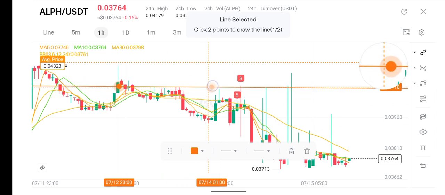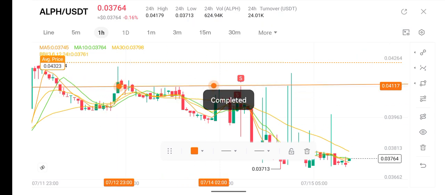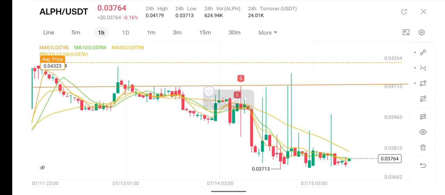So a support was built up here at 0.0113. It kept testing it, and we can see it was tested here. This support has been tested so many times, but currently the price sits at 0.0376.